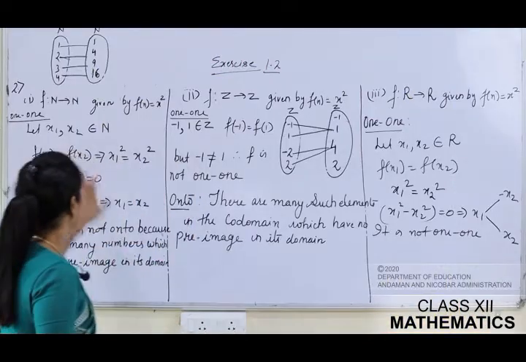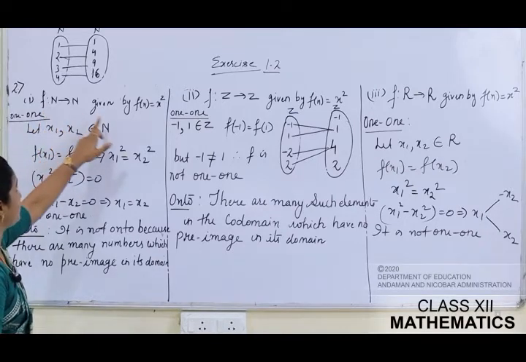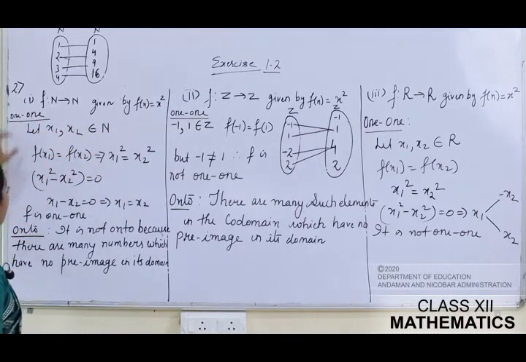Now, first question, see here, f is a mapping from N to N given by f(x) is equal to x square. So we will first check whether it is 1 to 1 or not.